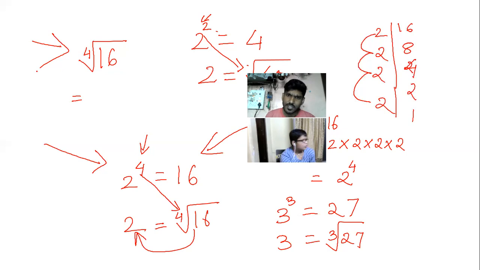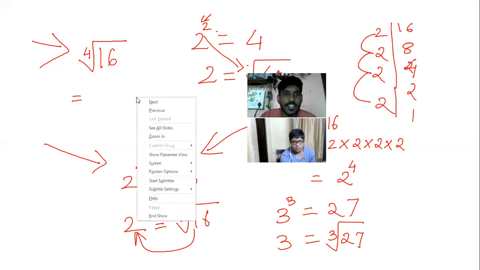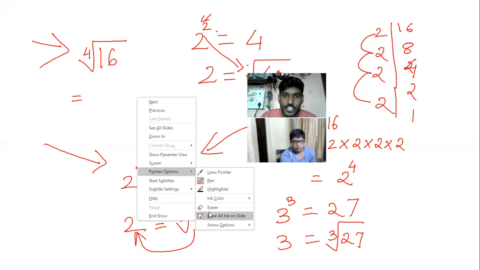So will it still be a surd? No, sir. I think you're confused about the definition. You have forgotten the definition of rational, irrational, and surd. No, sir. I'm just confused because I thought that symbol made it irrational.